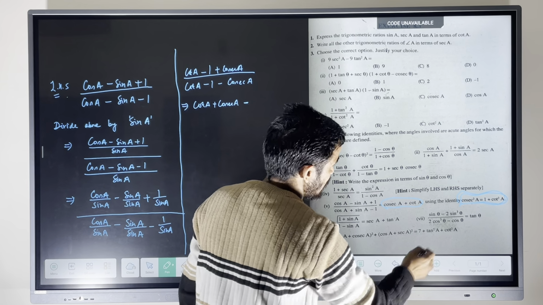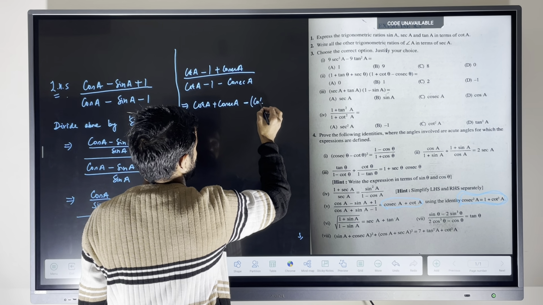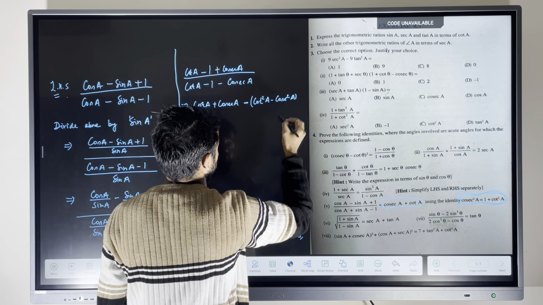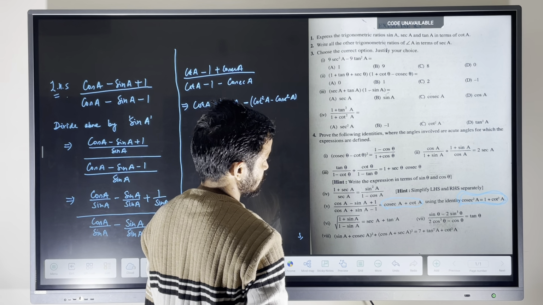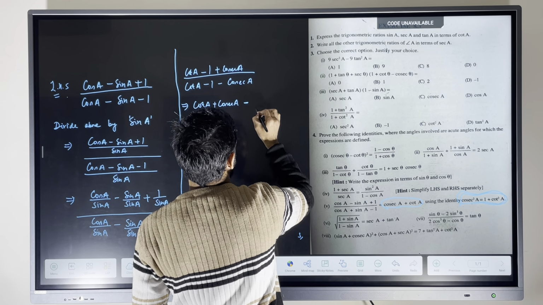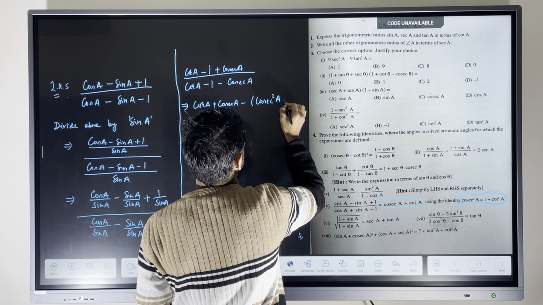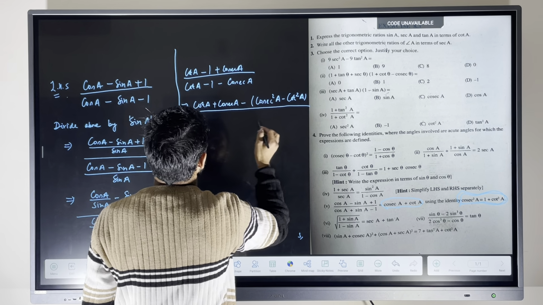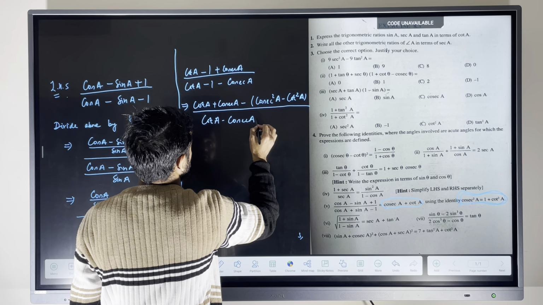In place of 1 I can write cosec square A minus cot square A. And from here we have cot A minus cosec A minus 1.